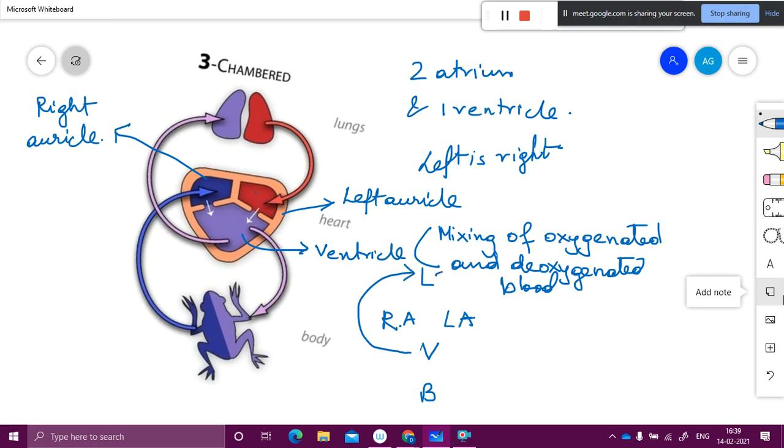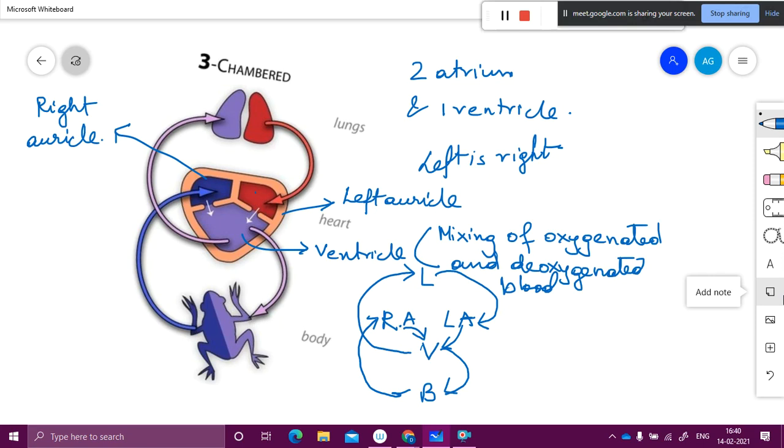Blood is then purified, oxygenated, and it enters into the left auricle. From there, it enters into the ventricle. This ventricle then pumps it towards the body, and the body returns the deoxygenated blood and it enters into the right auricle. From the right auricle, it goes to the ventricle.